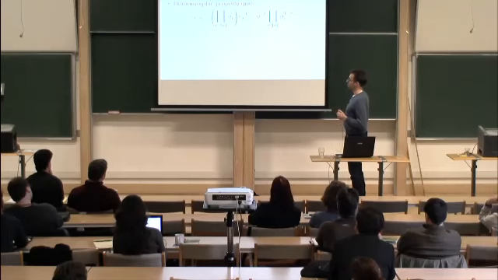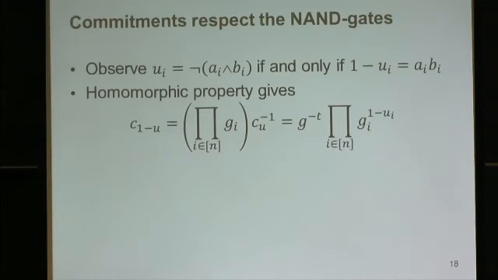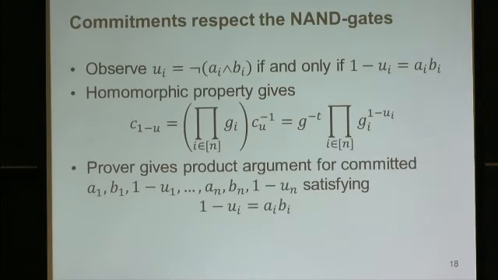So that's just a simple multiplication here. And now we can use the product argument for these committed values to show that the A_i's times the B_i's is the same as the 1 minus U_i's. And this guarantees that all of the NAND gates are okay, right? That the committed bits actually respect the NAND gates.